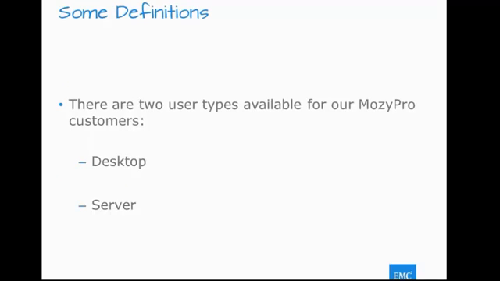In terms of some definitions, desktop and server are two user types available for Mozy Pro customers. A desktop user can only back up a desktop operating system, whereas a server user can back up a desktop operating system or a server operating system.